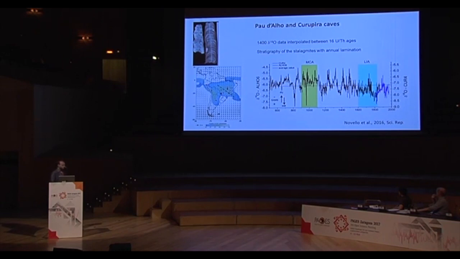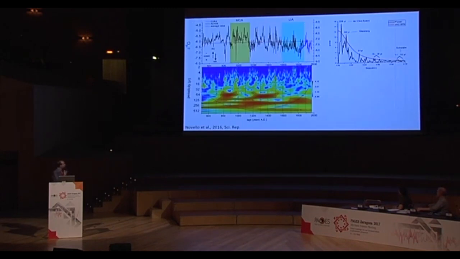And the most important feature in this record is the variability. You can see these peaks going up and down. If you measure the distance of these peaks, you see it's happening on a centennial time scale. When we do spectral analysis in this record, we find these periodicities there on the right: 200 years, 83 years, and 11 years.